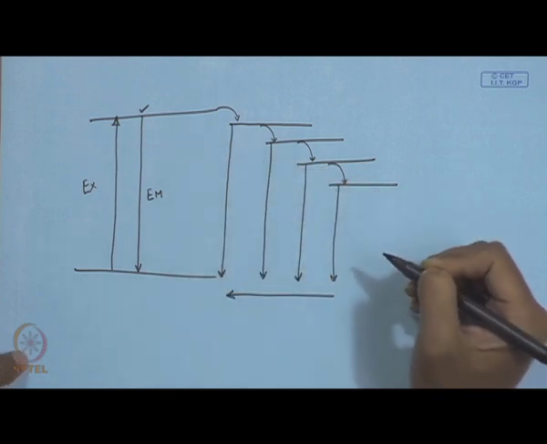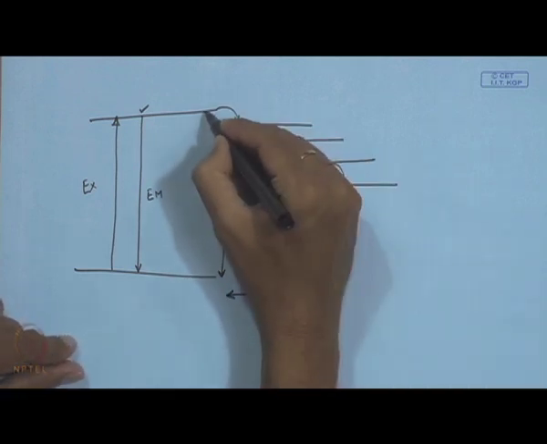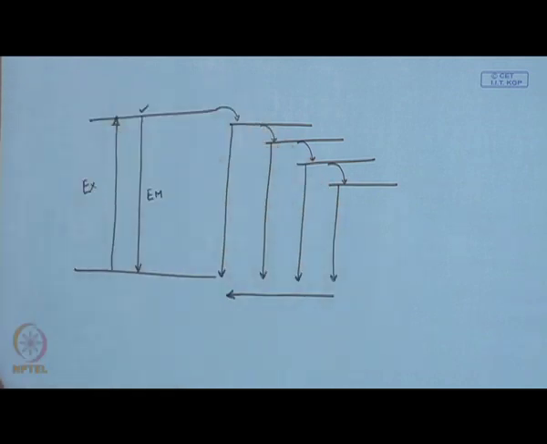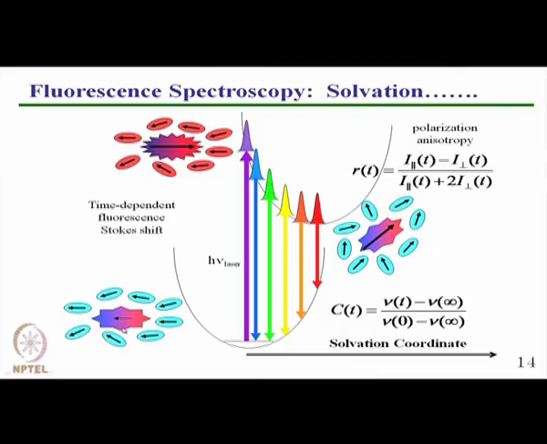If you allow sufficient time, then the unsolvated one will be transformed slowly to this level.